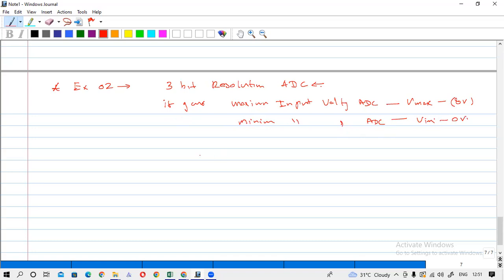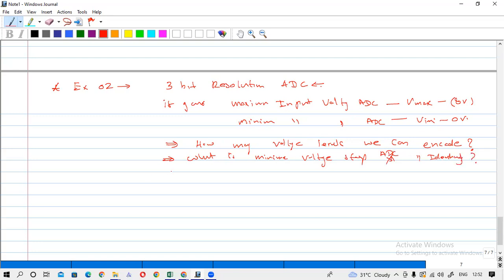Now find how many voltage levels we can encode using this ADC, and what is the minimum voltage step this ADC can identify. Then implement this.